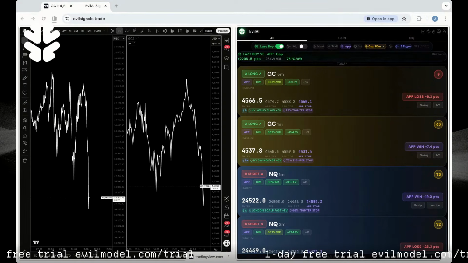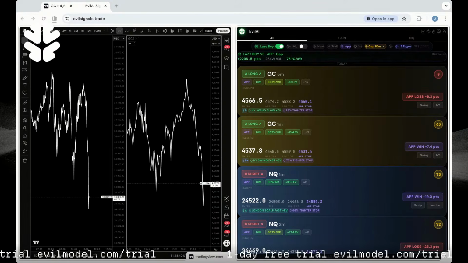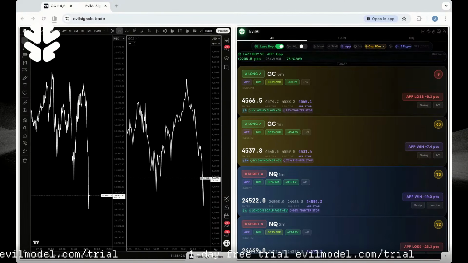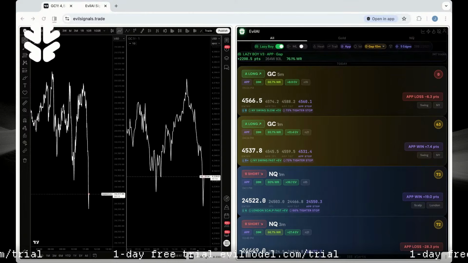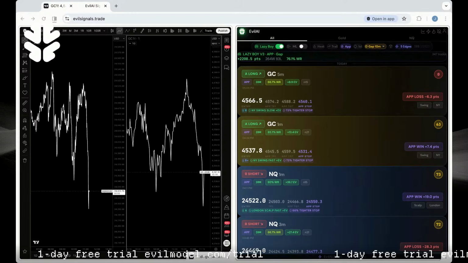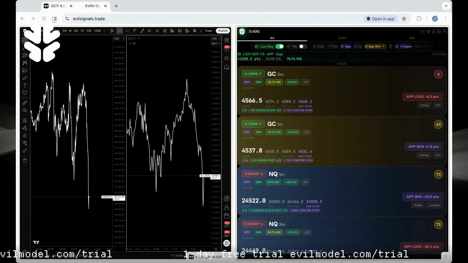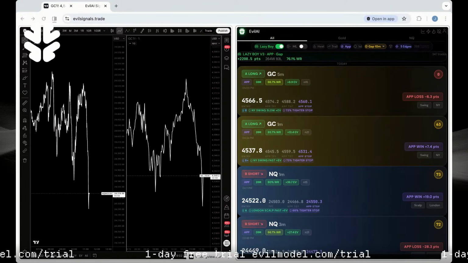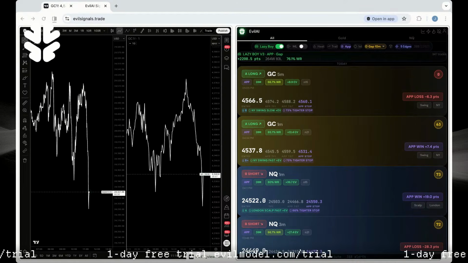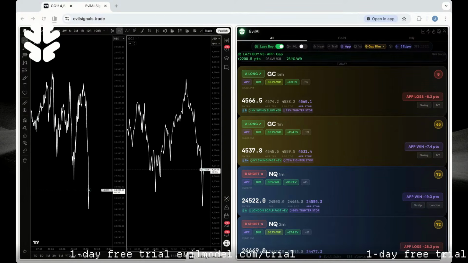Yeah, so as you can see on the left, we have NQ and GC, and then on the right the evilsignals.trade app, which is essentially bypassing the need to rely on the restrictions of TradingView's capacity to process lots of information, right?